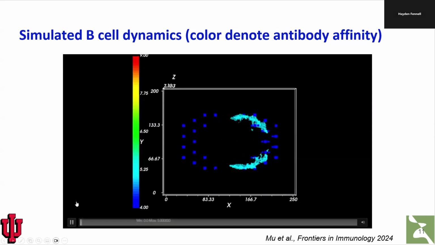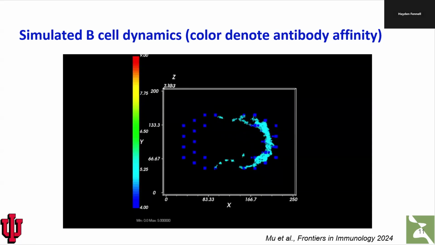As you will see, at the beginning these cells will be migrating between the light zone and dark zone, and multiple cells will disappear because of apoptosis, because at the beginning their affinity is either low or intermediate. But over time, as they're migrating through these two zones, the color of these cells becomes greener and then yellower and they eventually become red.